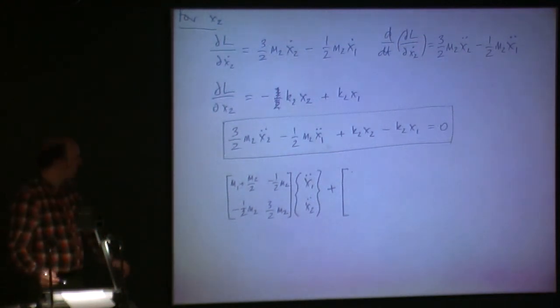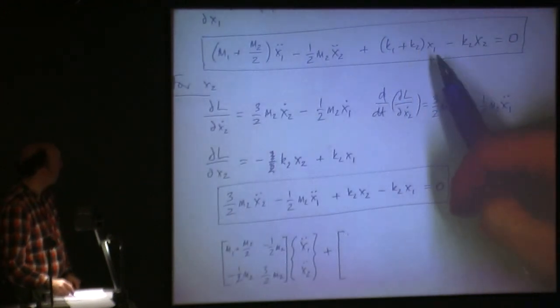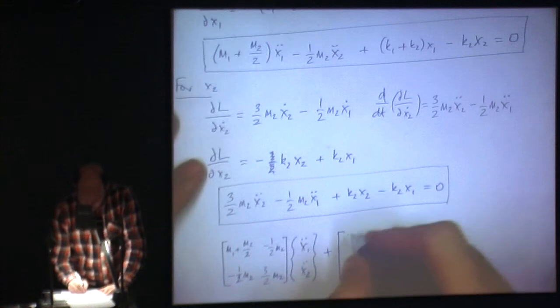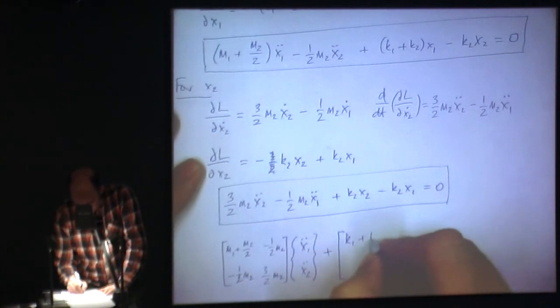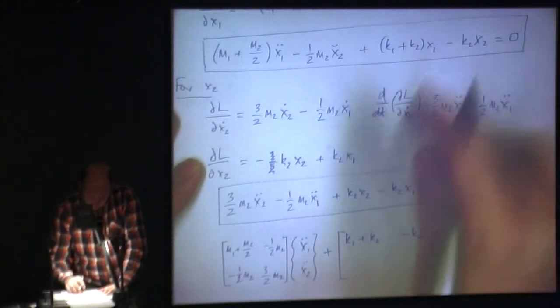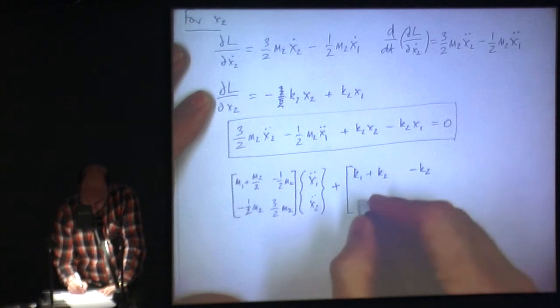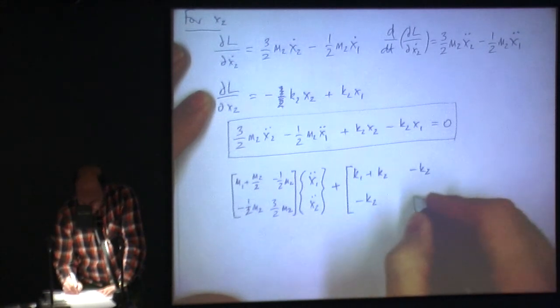And then for the stiffnesses, you can see clearly from this equation we've got K1 plus K2 times x1 minus x2. So we have K1 plus K2 here, minus K2 here. And then here, with this one, we've got K2 times x2 minus K2 times x1. This is minus K2, this is K2.